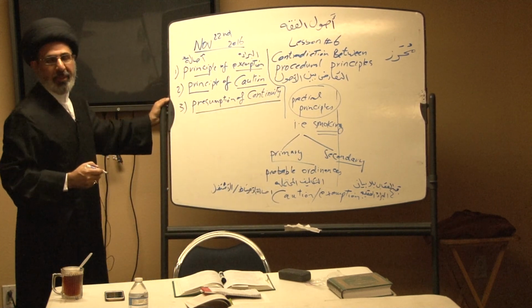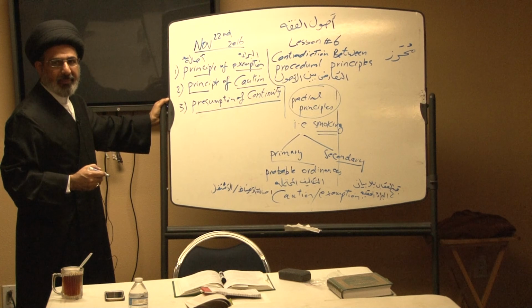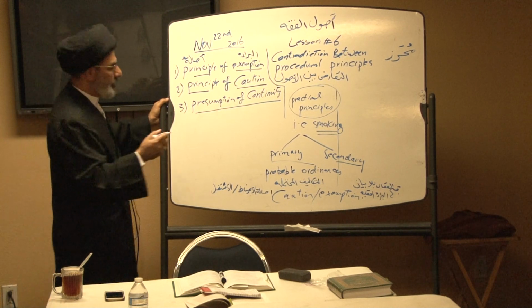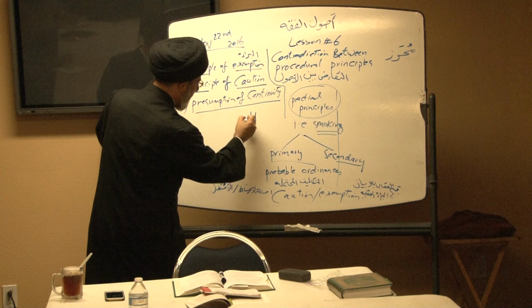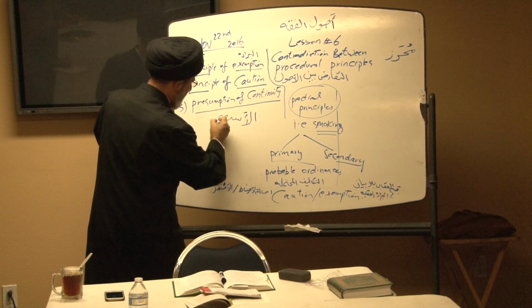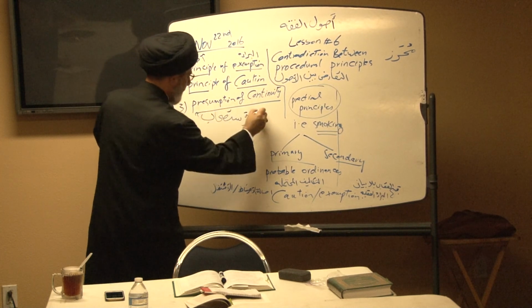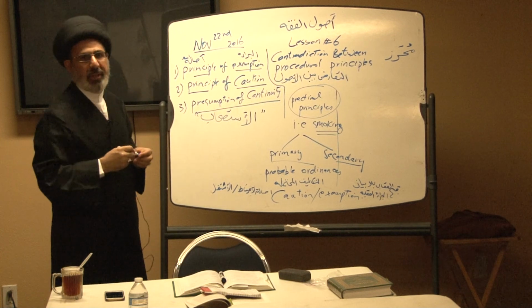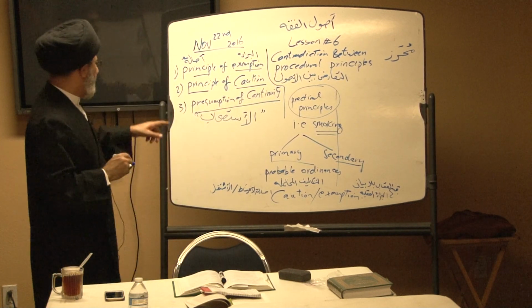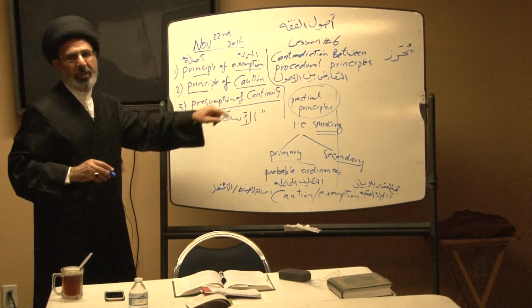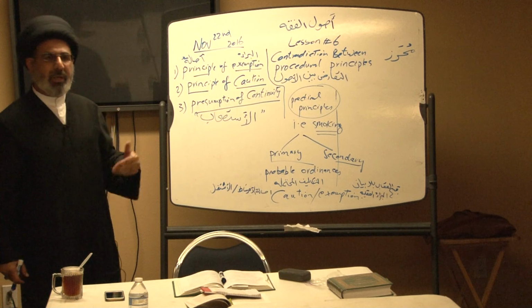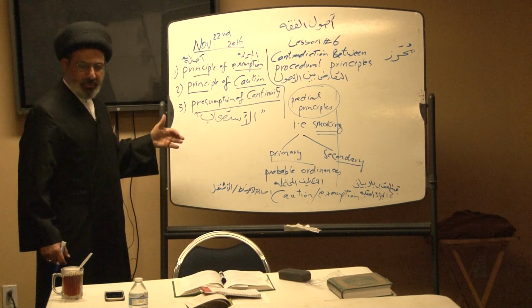What do we call it in Arabic? Aslul istishab, al-istishab. Continuity, the presumption of continuity, which we will come to later. We studied this, of course, but we will come to it again.